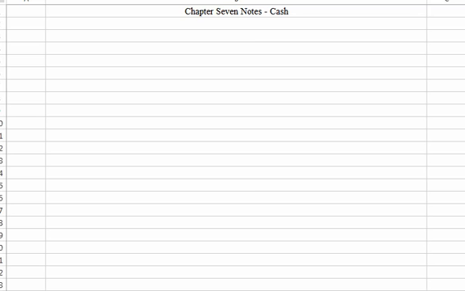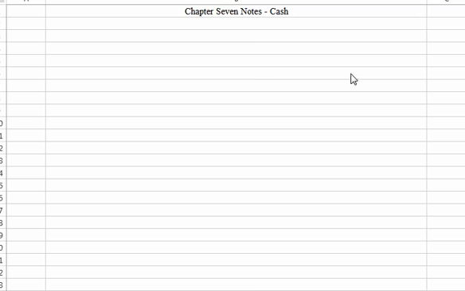Each one of those accounts would have a different general ledger account. So there'd be one for cash checking, one for cash checking payroll, one for cash savings, and one for petty cash. But on the balance sheet as cash, we would add the ending balances of all four of those together to get our cash number. I hope that makes sense, because they all are cash.